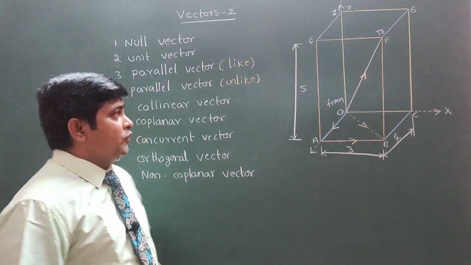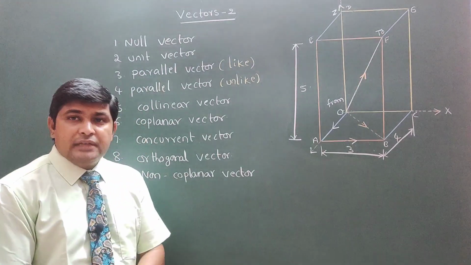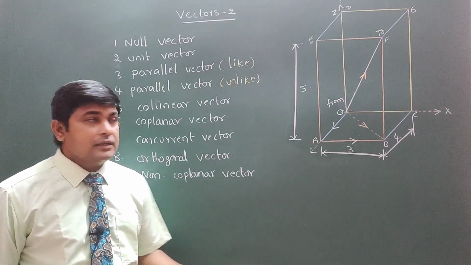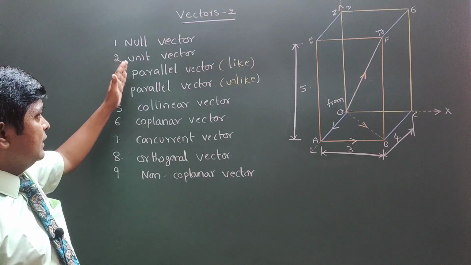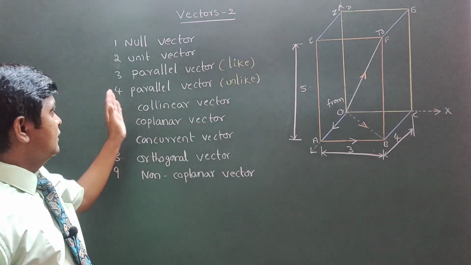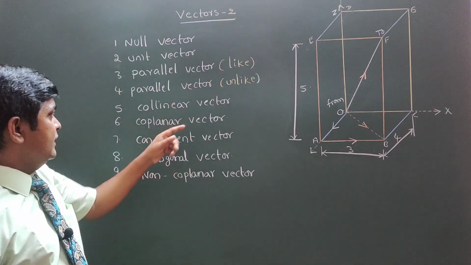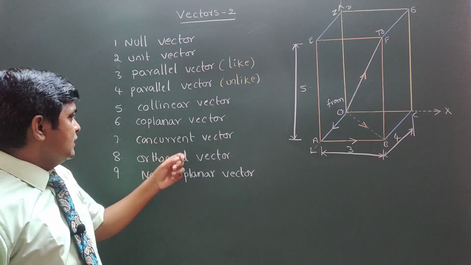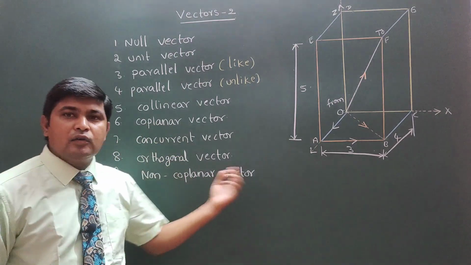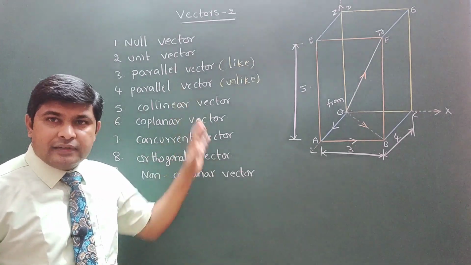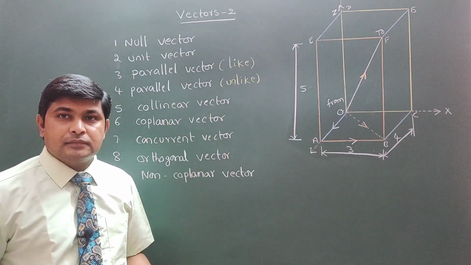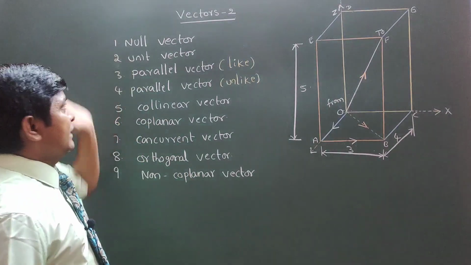Now we can see the major important types of vectors: null vector, unit vector, parallel vector like, parallel vector unlike, collinear, coplanar, concurrent, orthogonal and non-coplanar. I will try to show you all these vectors in the diagram. So what is a null vector?